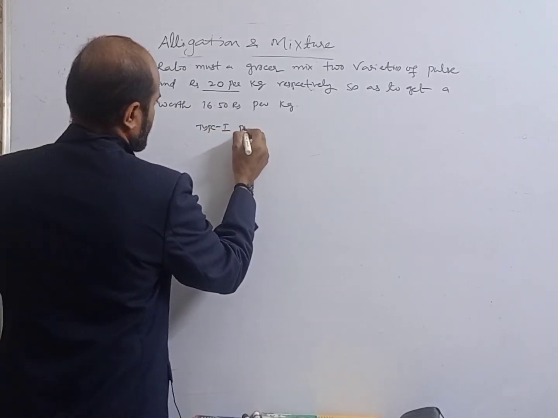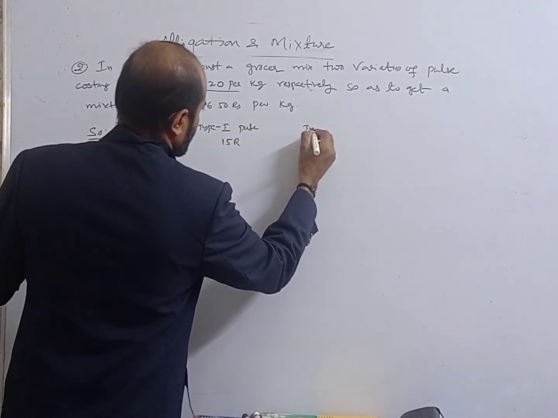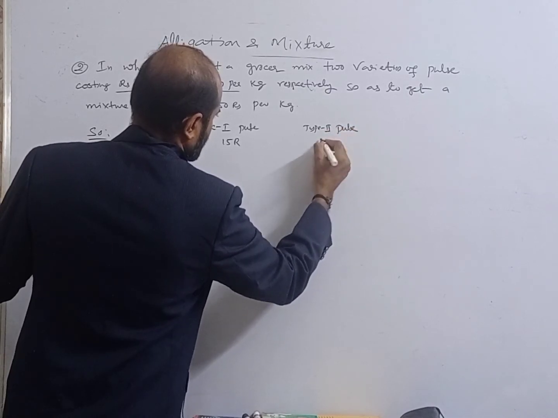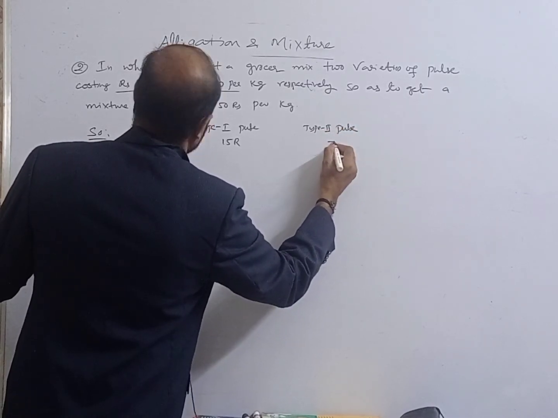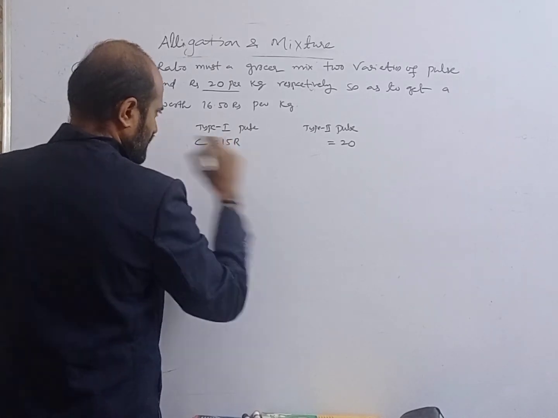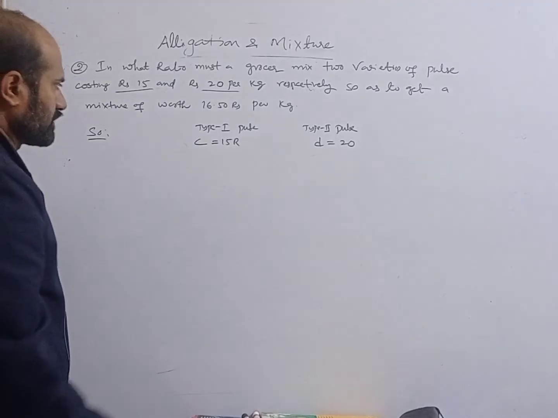Type 1 pulse cost is 15 rupees and type 2 pulse cost is 20 rupees. This is the cheaper quantity, so I can take C. This is the dearer quantity, therefore I can take D.